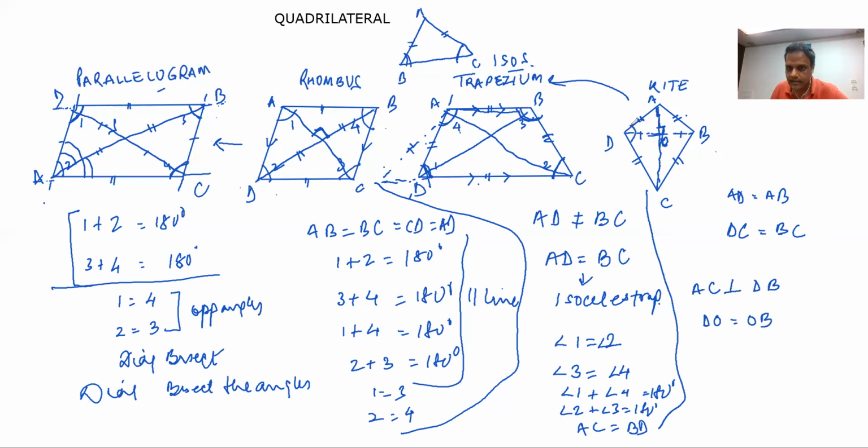Angle D, which is formed by the smaller and the bigger line, and the opposite angle B are equal to each other, which means angle ADC is equal to angle ABC. But is this angle equal to this angle? No, which means angle A is not equal to angle C.